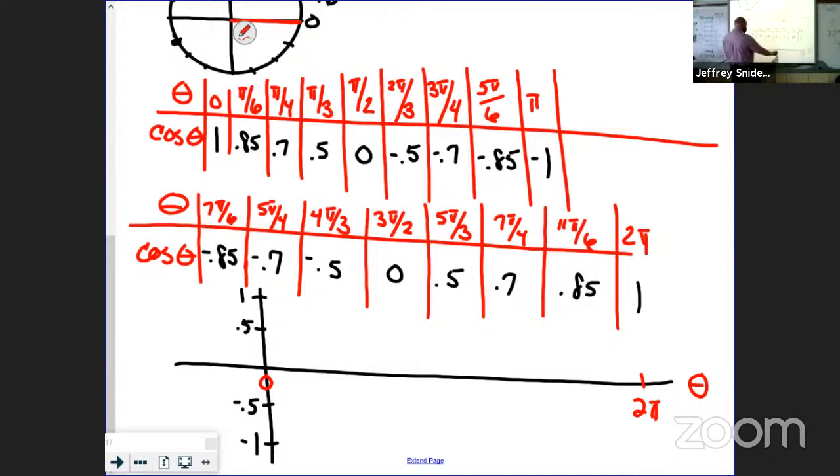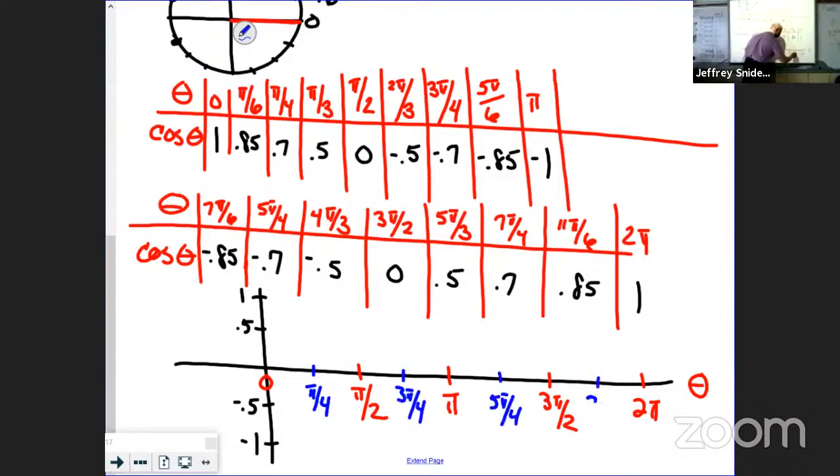And then, of course, about halfway between those, right about there, is pi. And right about here is pi over 2. Right about here is 3 pi over 2. Right about here would be pi over 4. Right about here would be 3 pi over 4. Right about here would be 5 pi over 4.